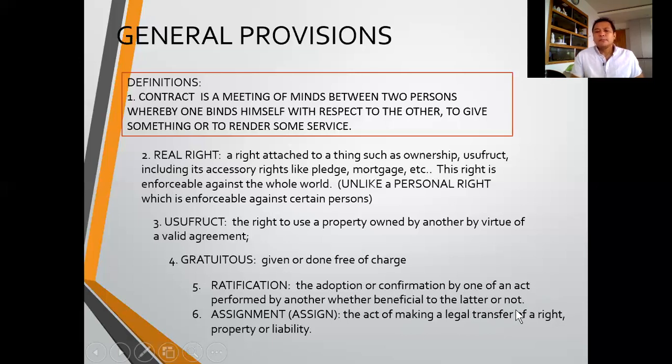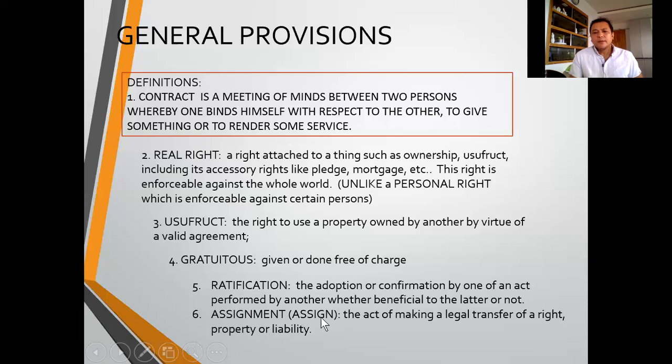So if somebody sells your property and you do not react violently, or you don't exert your right, you are legally ratifying. So your act is ratification of that person's act in selling your property, even without authority.